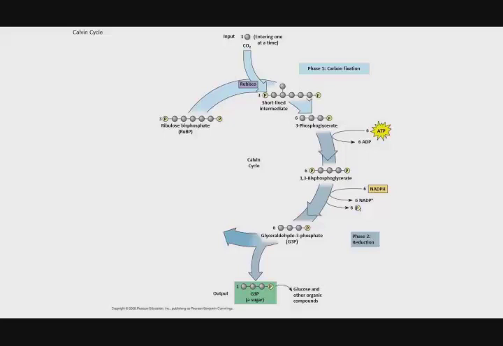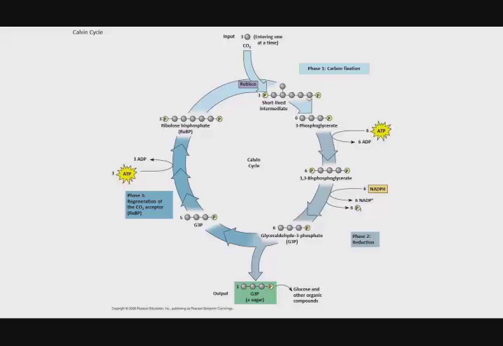So from the 6 glyceraldehyde 3-phosphates that we can generate from the 3 carbons that have entered, we're going to remove 1 of them. Okay? And when we remove 1 of them, that leaves us with 5 G3Ps to play with. And in that process, which is energy intensive using ATP, this regeneration step, we're going to regenerate ribulose bisphosphate that can then be ready to accept carbons again.